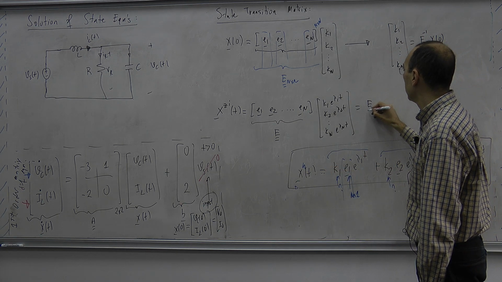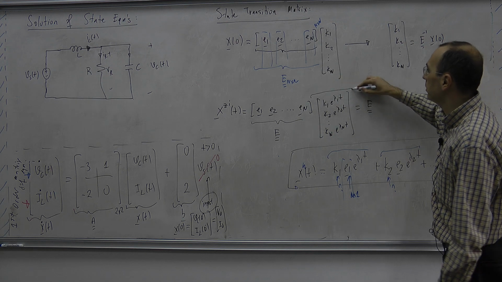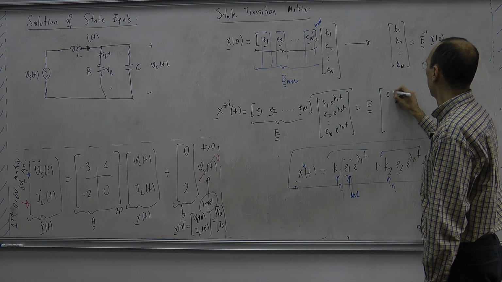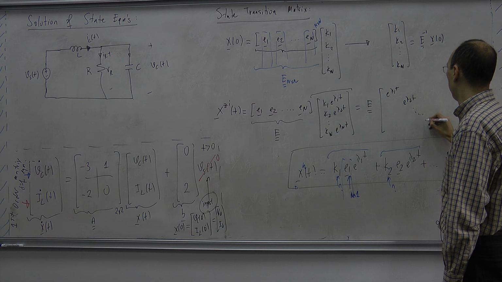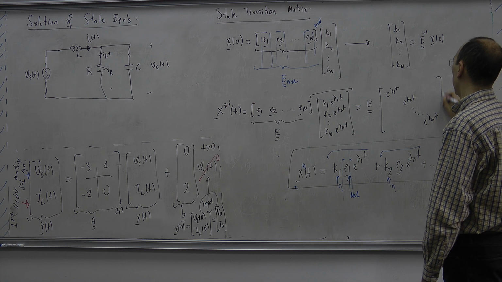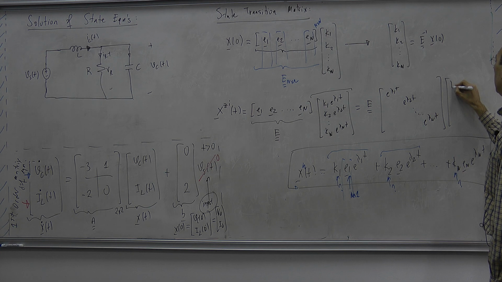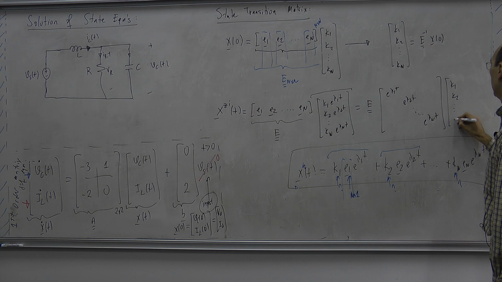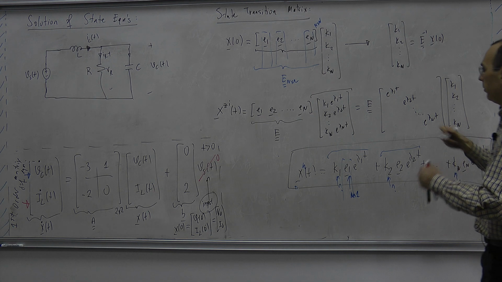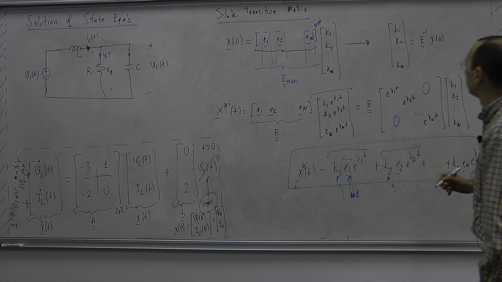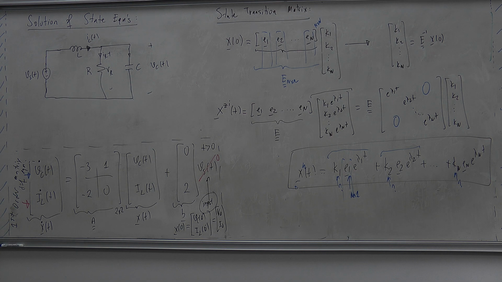Now I'll be calling it again E, but I want to express this matrix like this: e to the lambda 1t, e to the lambda 2t, e to the lambda nt times k1, k2, kn. Okay. So this is a diagonal matrix, 0, 0. Okay.